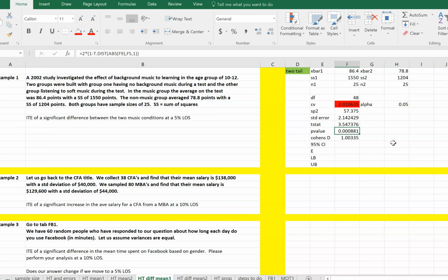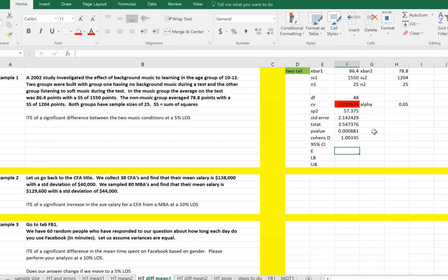I know I rejected because my p-value was less than alpha. I know I have a large effect size because this is greater than 0.8. Once you write it correctly once, if you change numbers up here, you can watch everything change and just talk about what they mean, instead of worrying about the nuanced calculations. I do the nuanced calculations because I want you to understand what's involved in each little piece that goes into it.